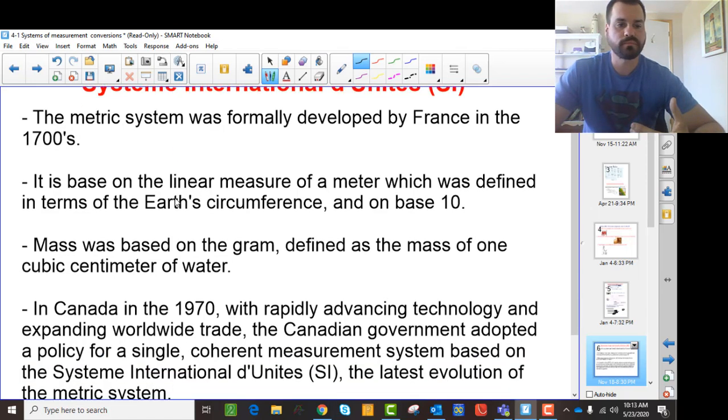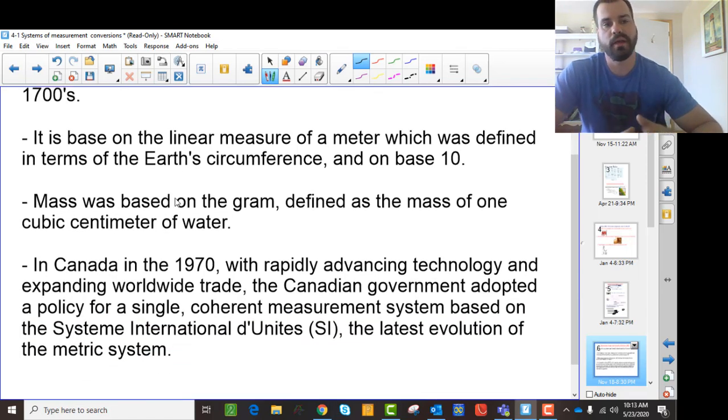And then what we did in Canada, we decided to change, because Britain also used to use the imperial system. Because we were a colony of Britain originally, we used the imperial system. But in the 1970s, we were trying to expand to the world. And again, the whole idea of the Système International is that it gives us a single system that helps everybody talk in the same language, okay, in terms of sizes of things.